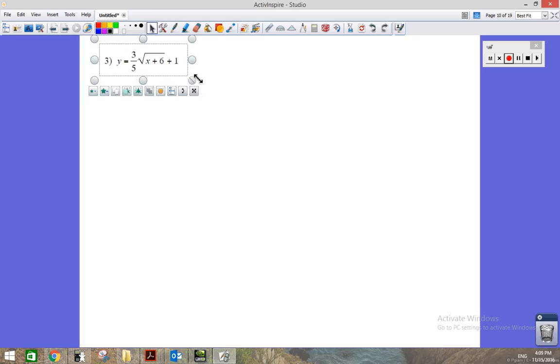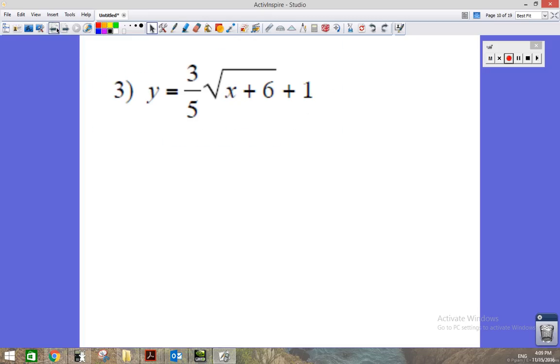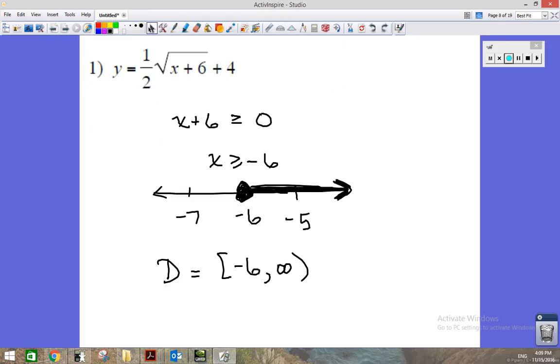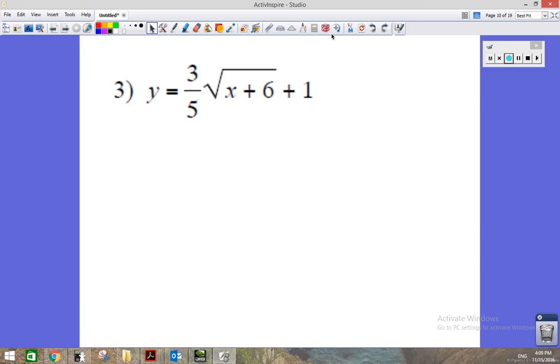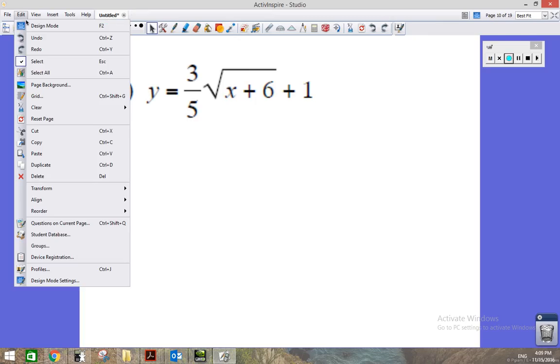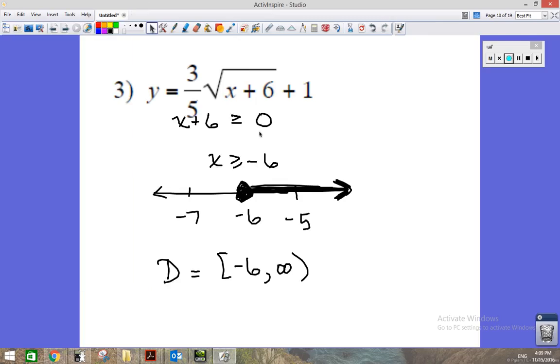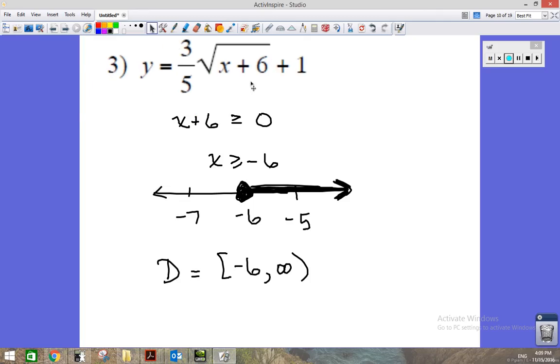So here, well, this looks to be the same as problem 1, right? Yeah. So the 3/5 is affecting the range. It's a vertical shrink.